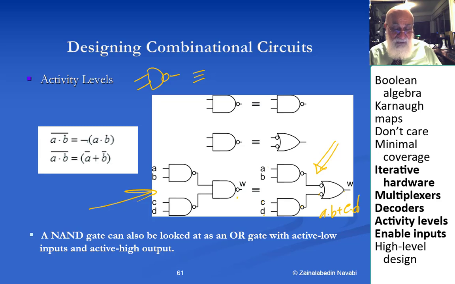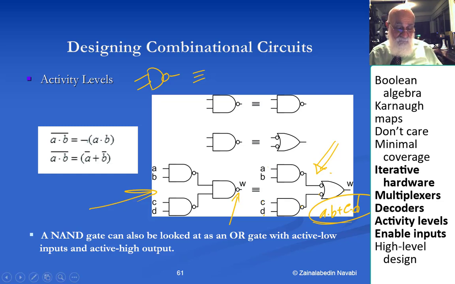Eventually, I would come up with this expression. But this circuit, the one on the right hand side, is a lot easier to read than the circuit on the left. Okay, therefore I always draw my circuits using activity levels that match with each other and cancel out.